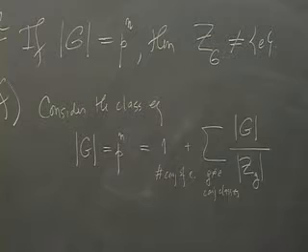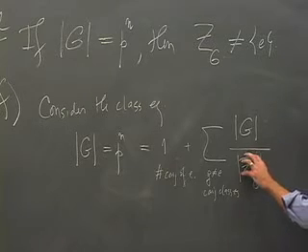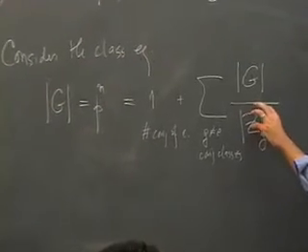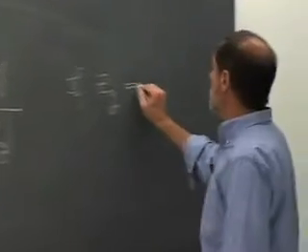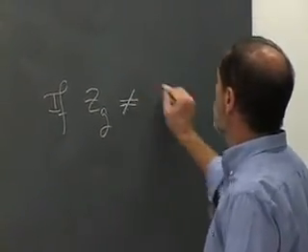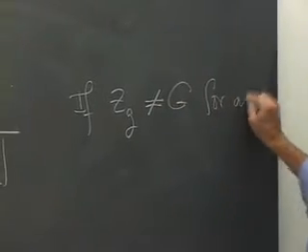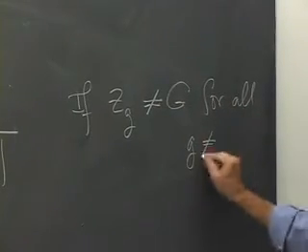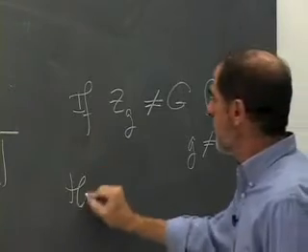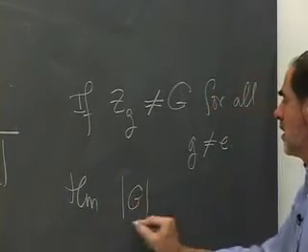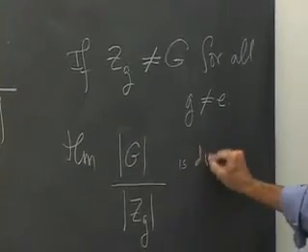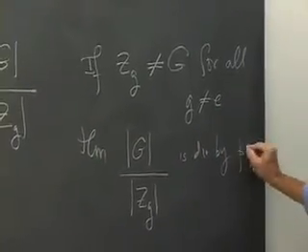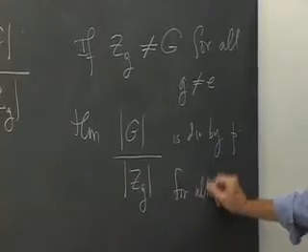So, if Zg is not equal to G for all g not equal to the identity, then the order of G over the order of Zg is divisible by p for all these terms.